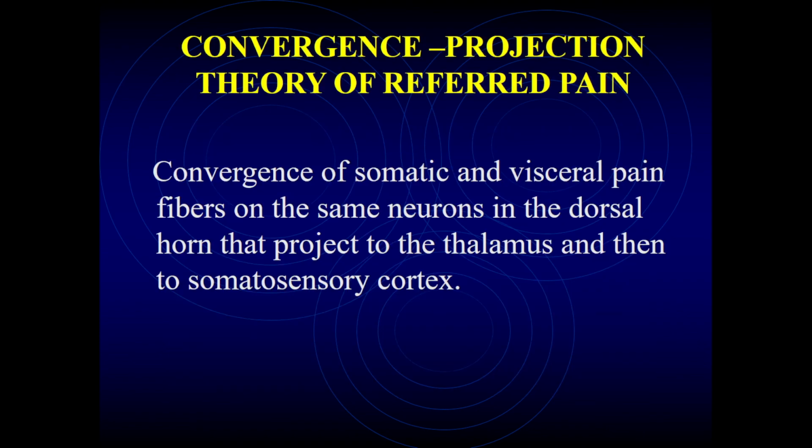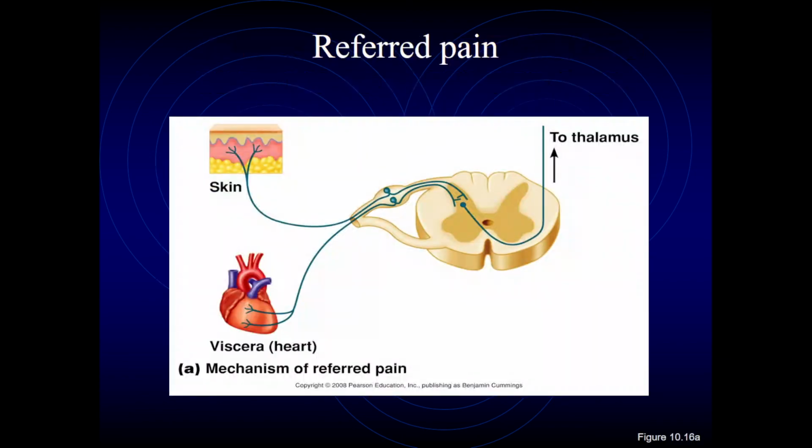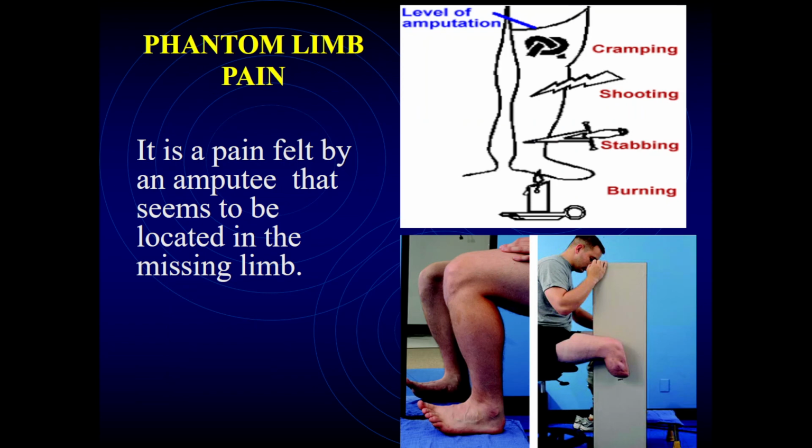And the brain cortex mistakes where the source of pain is. Phantom limb pain is a pain felt by an amputee that seems to be located in the missing limb.